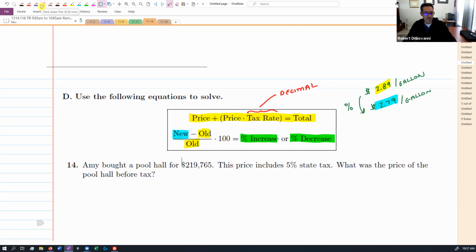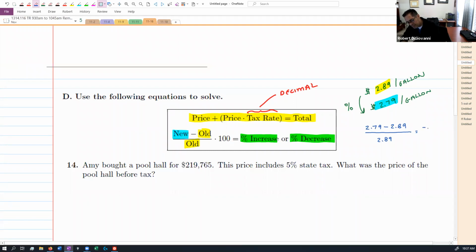If I wanted to know how much the gas prices decreased since last week, I would take the new price, subtract the old price, divide by the old price, not the new price, the old price. And so in the numerator, I subtract this. This one is a difference of 10 cents.